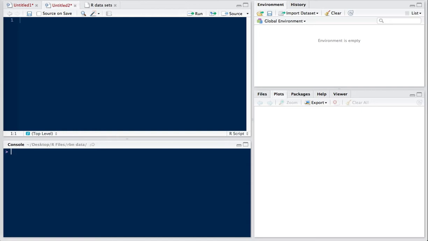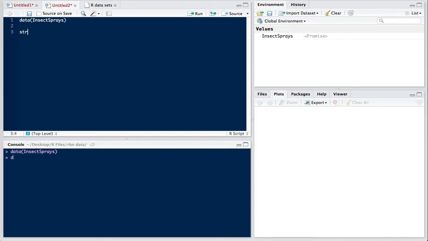What we're going to do in this tutorial is to use one of the built-in data frames in R called InsectSprays. So we'll go up to my script window here. And now InsectSprays appears in my global environment.